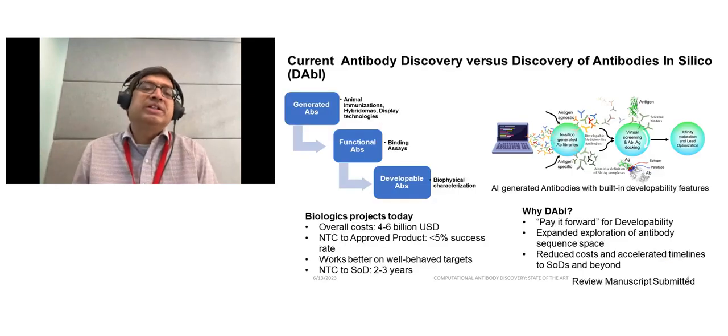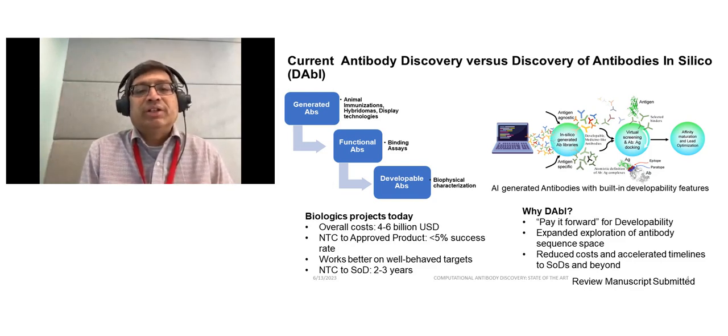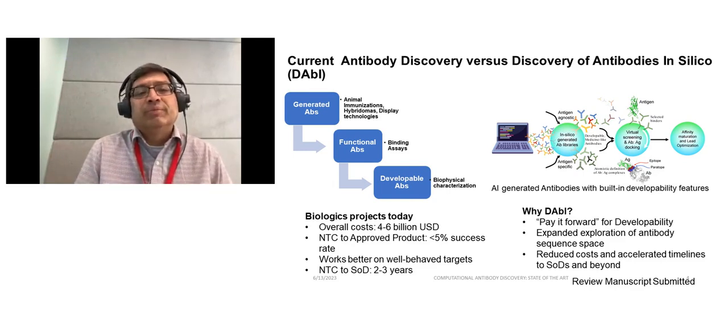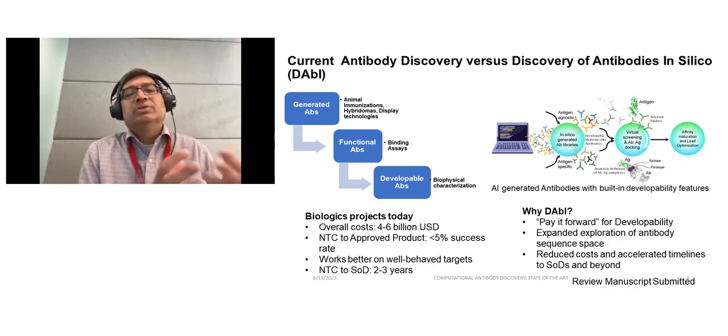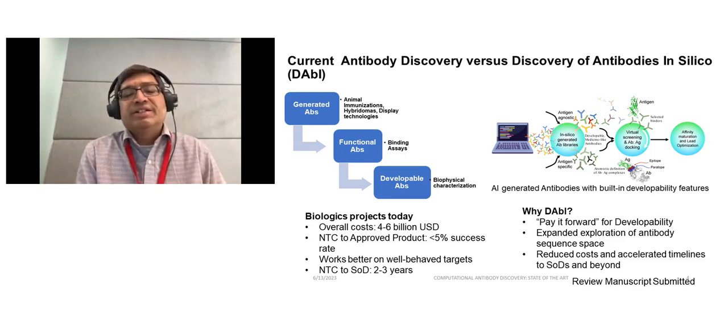So what's the opportunity in terms of in silico antibody development? On the left-hand side is the conventional broad overview of the discovery process for biologics. We start with antibody generation in animals via immunizations, hybridomas, and display technologies.